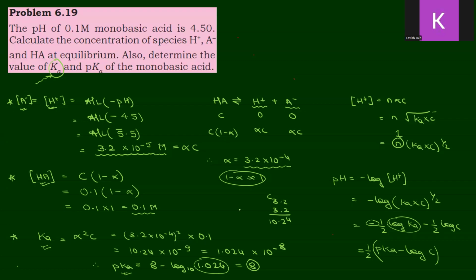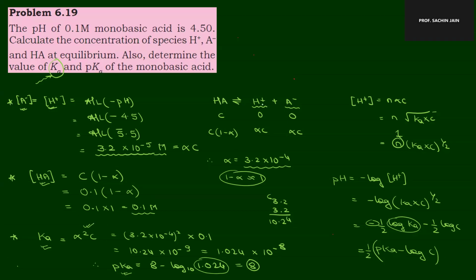सर, Ka पता करना है तो हम लोग law of mass action से भी ला सकते हैं ना, जैसे H plus into A minus upon HA. हाँ हाँ, वैसे भी कर सकते हैं. यही आएगा ना आपको, क्योंकि H plus into A minus upon HA करेगा तो यही तो वैल्यू substitute होगा. 1 minus alpha approximately 1 करेगा, you are left with alpha square C only.